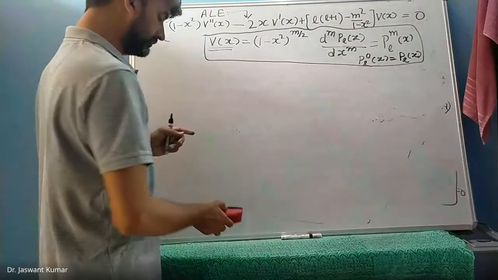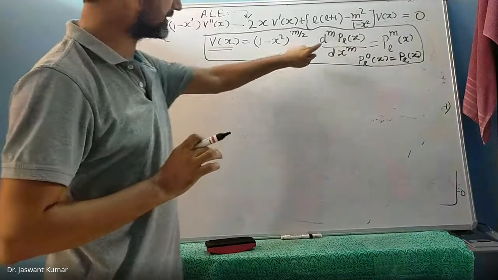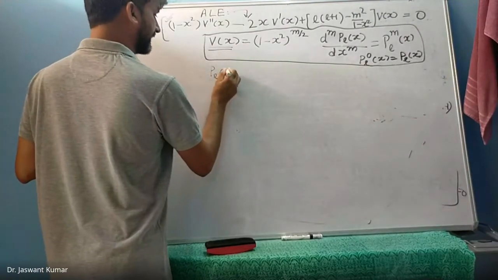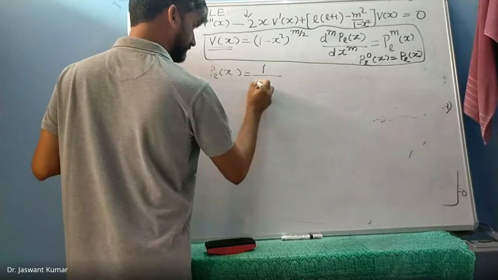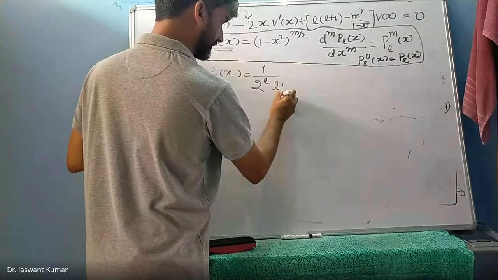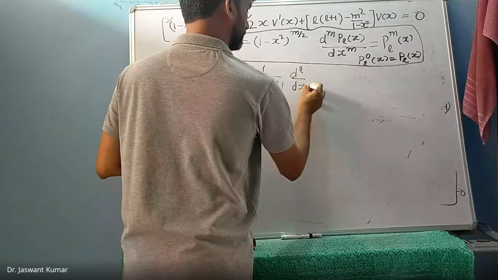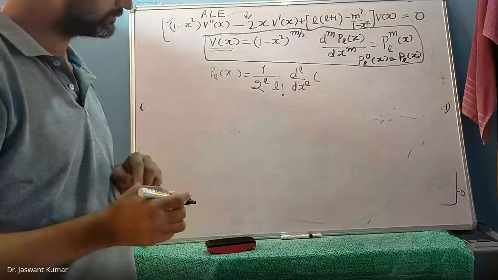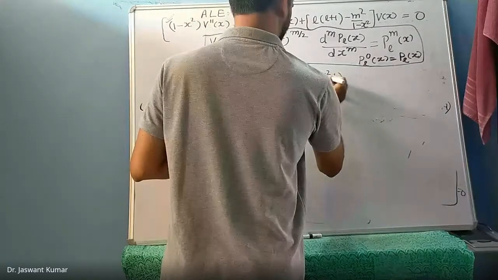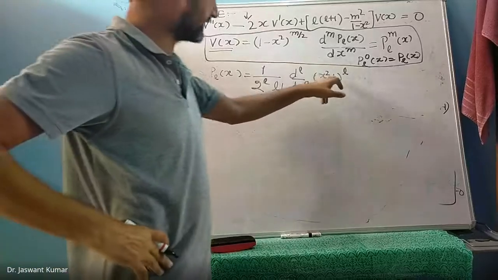All right, so let us write this in a slightly more beautiful way. Look, children, we already have a Rodrigues formula, where we know that P_L of x is, what was P_L of x? Can you please tell me, some of you: 1 by 2 to the power L times L factorial times d^L by dx^L of (x squared minus 1) to the power, or was it only x squared minus 1?